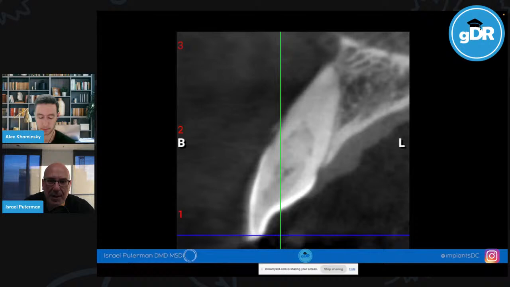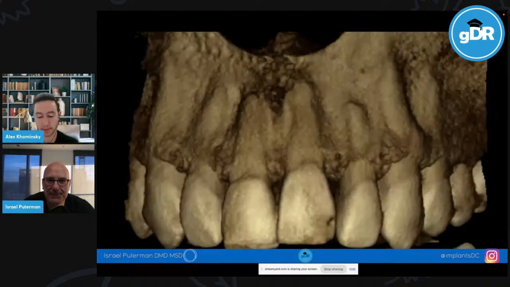If I have a tooth that is ankylosed and has a facial plate like that, that's not even a concern. That's going to happen. If you noticed her smile line beforehand, she has a nice big broad smile. She's a pretty girl. This is a situation where I don't want to get into guided bone regeneration or ridge augmentation. I want to avoid all of that.